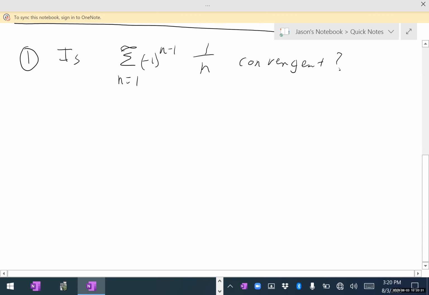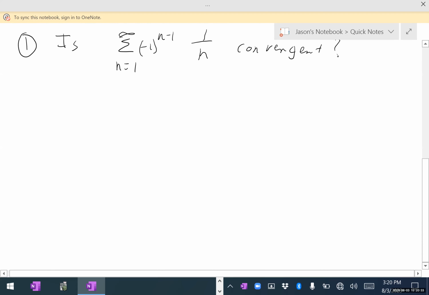Let's first look at the nature of this. What's happening here? Well, this would be 1 over 1 minus 1 over 2 plus 1 over 3 minus 1 over 4 plus 1 over 5.